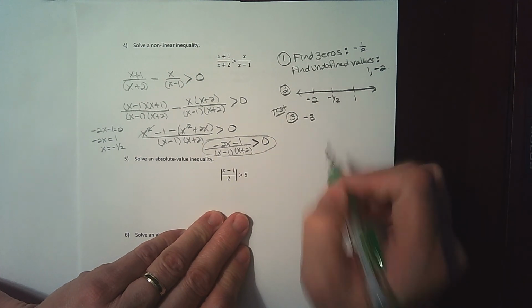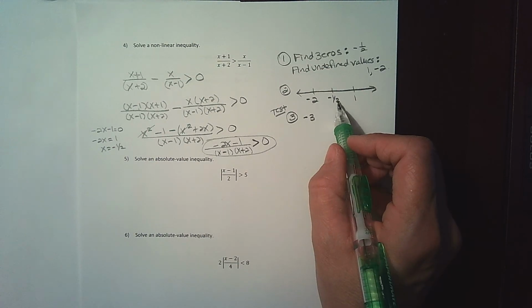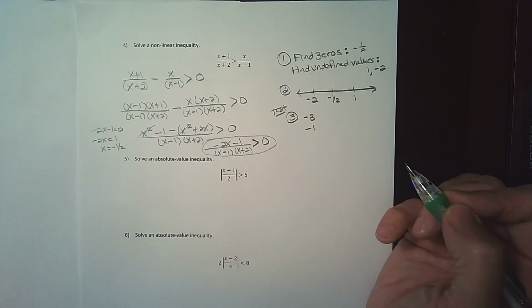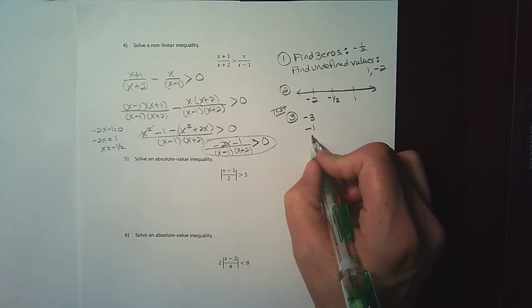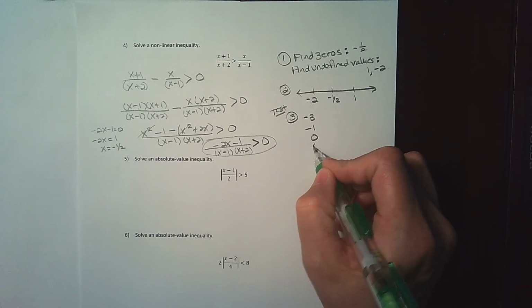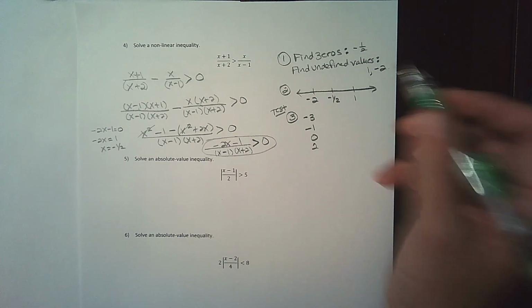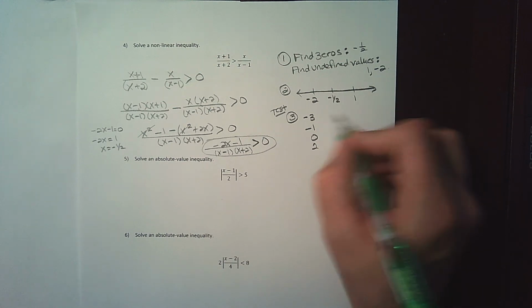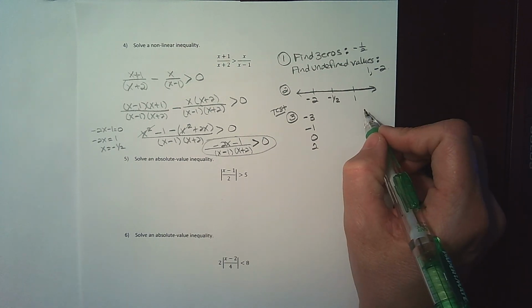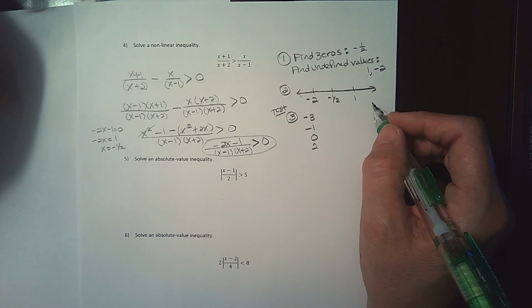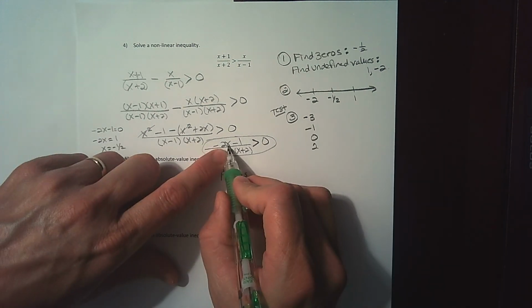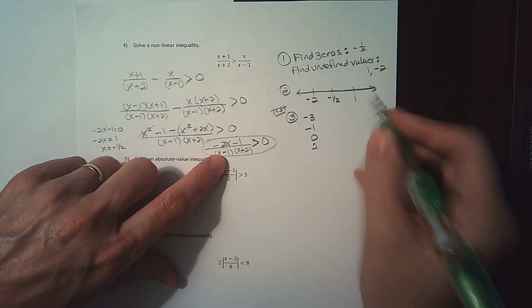So negative 3. Between negative 2 and negative a half, how about negative 1? Here, let's test 0. And bigger than 1, how about testing 2? And because I don't have a lot of space, let me show the test off to the side here. So I'm going to put in negative 3 in place of x in each of the 3 places.